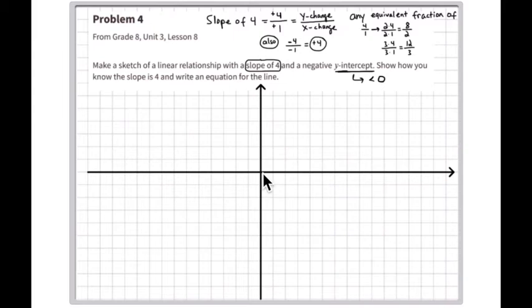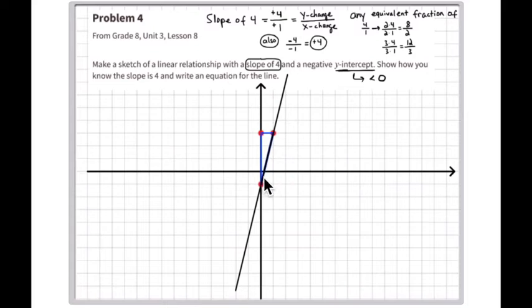So any value less than 0 is going to make the y equal to some number that crosses this y-axis less than 0. So down here somewhere. So a slope of 4 and a y-intercept where the line intersects or intercepts the y-axis at a point less than 0, less than the origin up here.